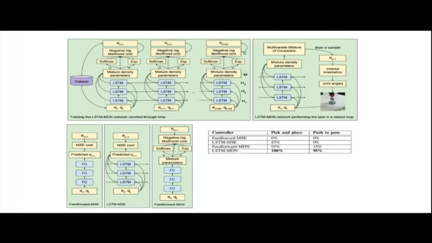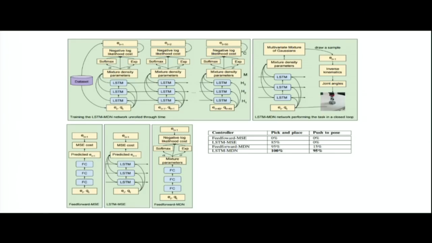Their comparison looks at some of the different design choices for the network. So they look at what they call feed-forward MSE. This is a network that is not recurrent and outputs a unimodal Gaussian. Mean squared error is equivalent to log probability of a Gaussian. So this is just a unimodal Gaussian, and that never succeeds. If you have an LSTM with a unimodal distribution, that succeeds quite a bit on pick and place, but never on the second pushing task.